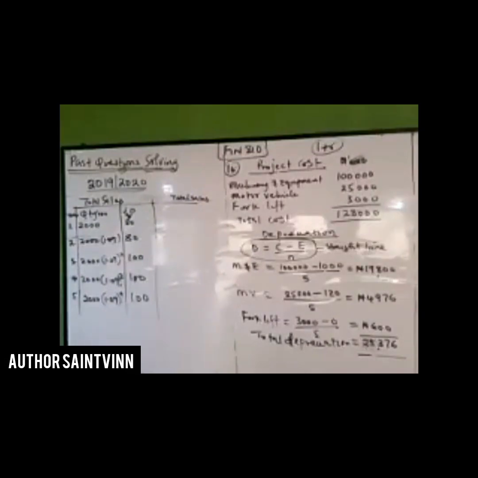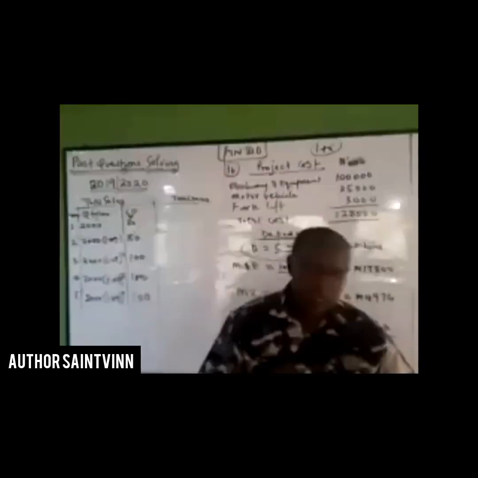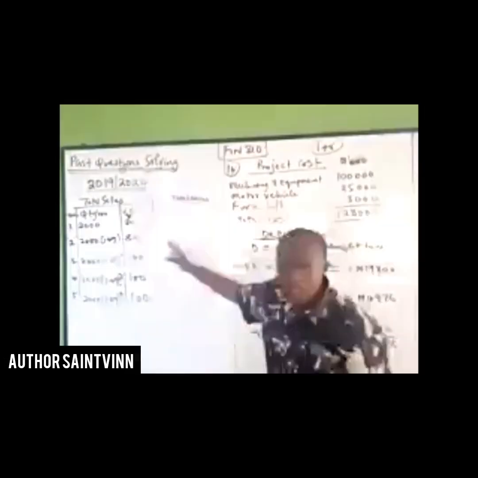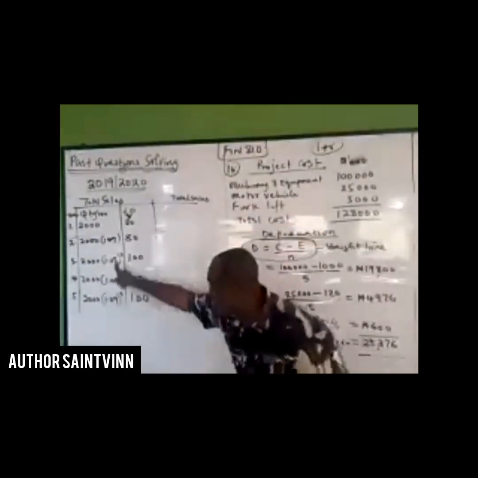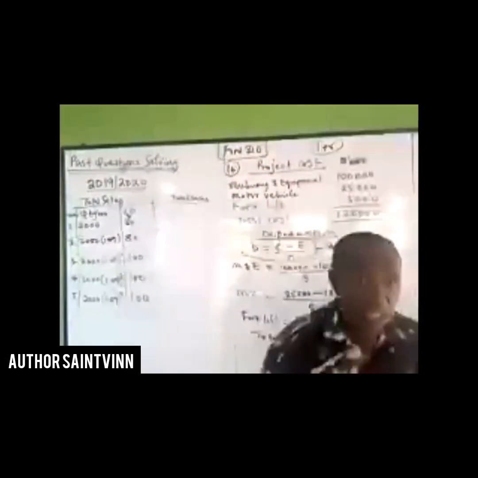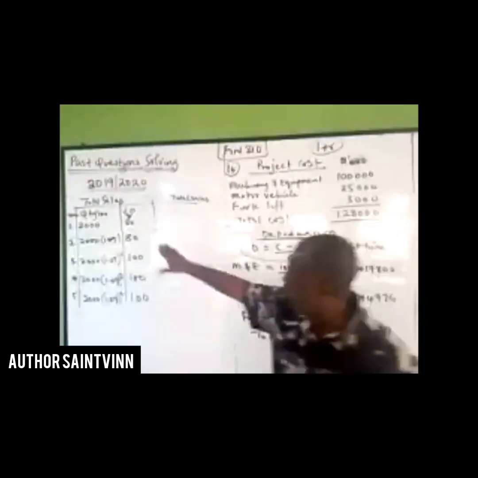If in the objective the question was asking for total sales for year 1, year 2, year 3, year 4, year 5, that is probably the time to use to answer questions 1 to maybe 3. You should be able to know what the sales will be in year 1 because of this increase. That's where it looks a little bit challenging, and you must know how to do it.